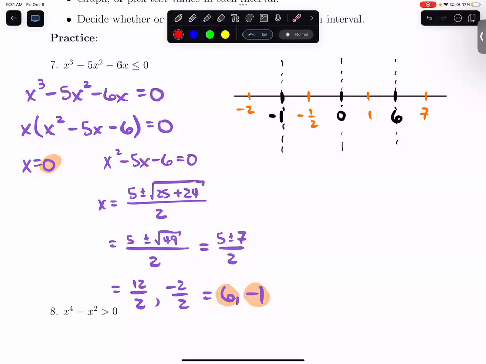So what kind of function is this? Cubic, right? Degree is 3. The leading term is x cubed. So what do the ends look like? They go in opposite directions and it winds up pointing up.